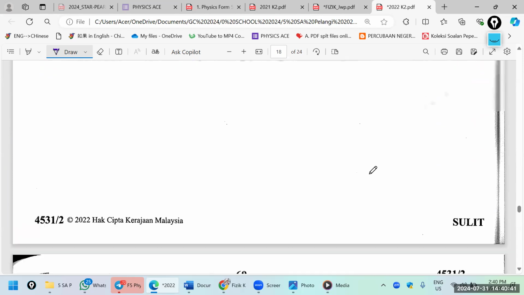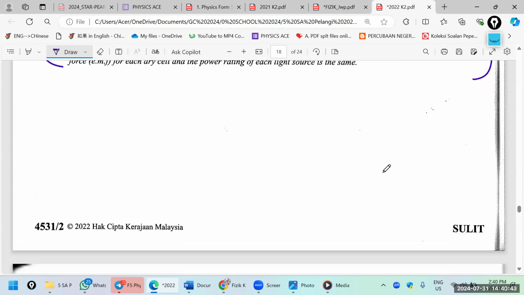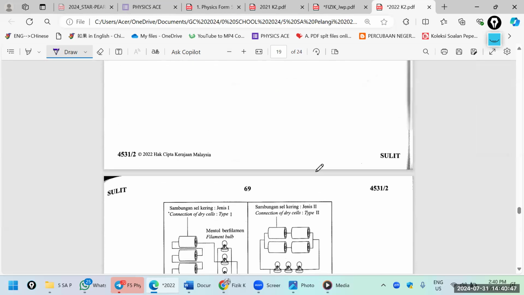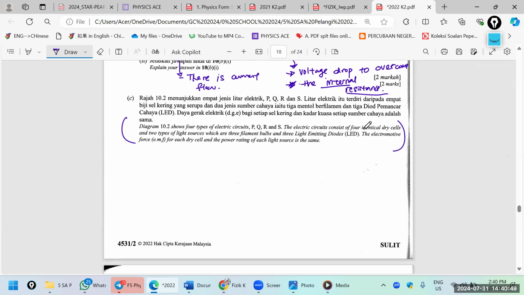Okay, so now they are talking, careful. So here you have 4 circuits. The last sentence says EMF for each dry cell is the same, let's say 1.5 volts. Power rating for the light source is the same, so this is not affected.